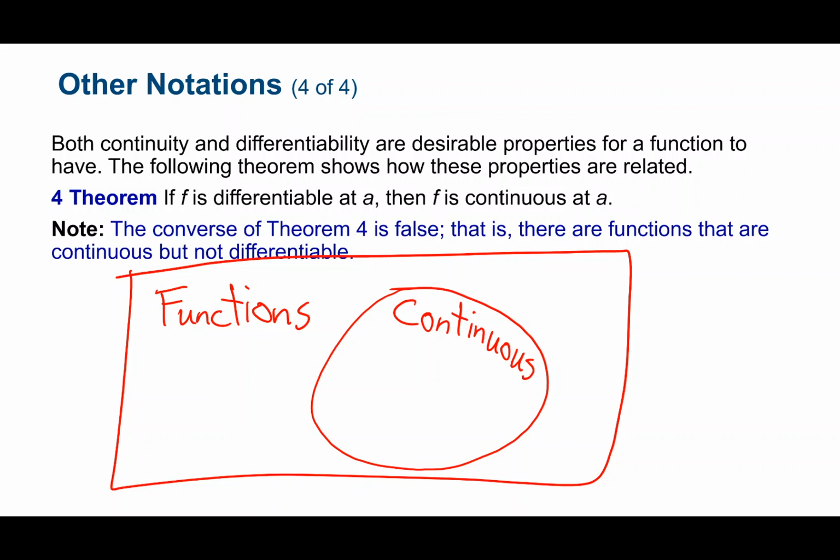We can have discontinuities. And then inside the continuous bubble, we've got differentiable. That's like a subset of continuity.